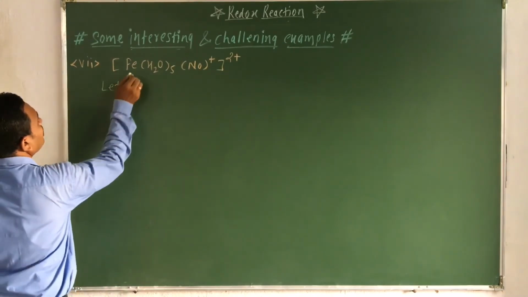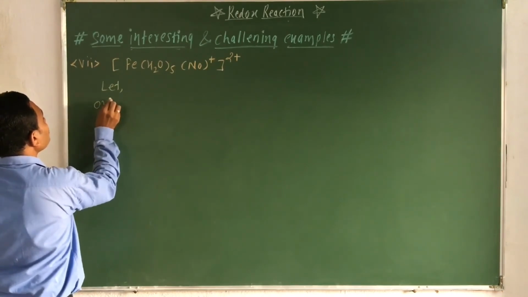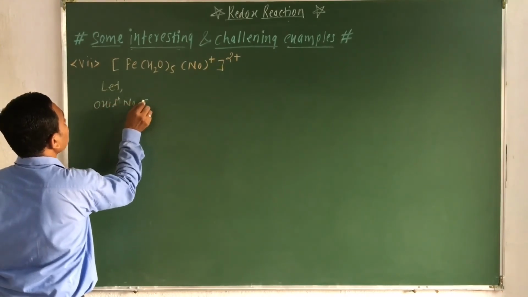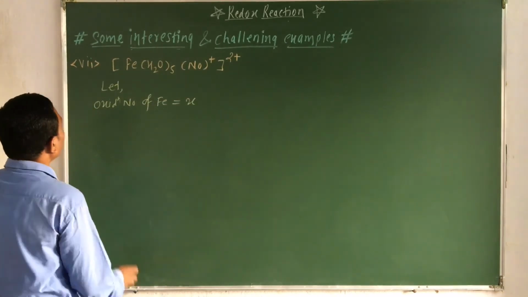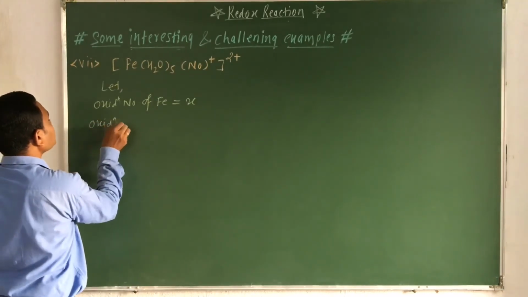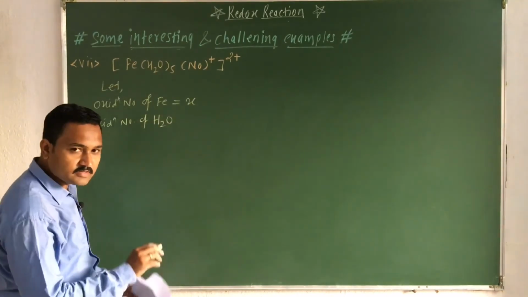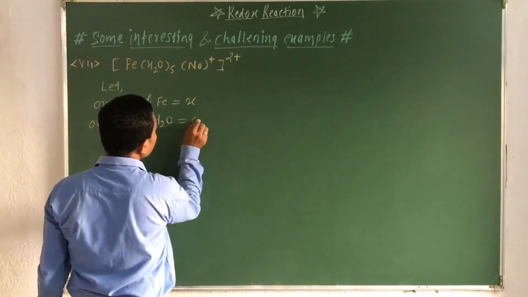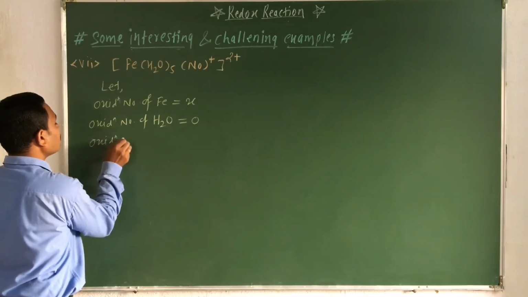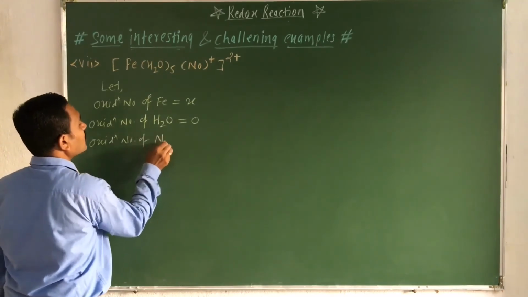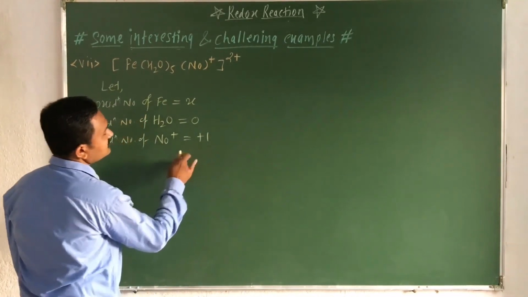Here obviously we have to find out the oxidation number of your Fe, so you can write the oxidation number of Fe equals x. Then the oxidation number of H2O: the water molecule is neutral in nature, therefore its oxidation number will be 0. Then next, the oxidation number of NO+ will be equal to the charge on it, that is plus 1. It is very simple.